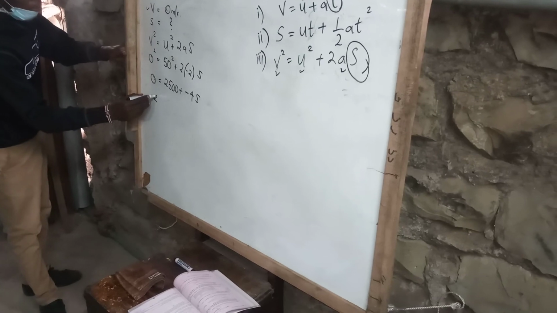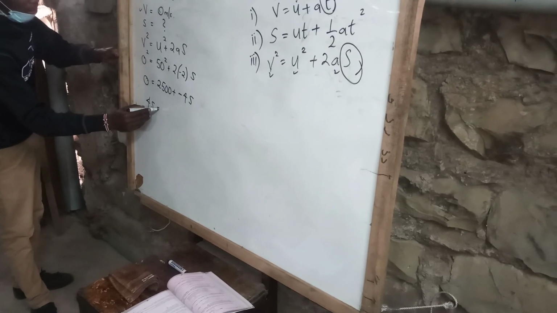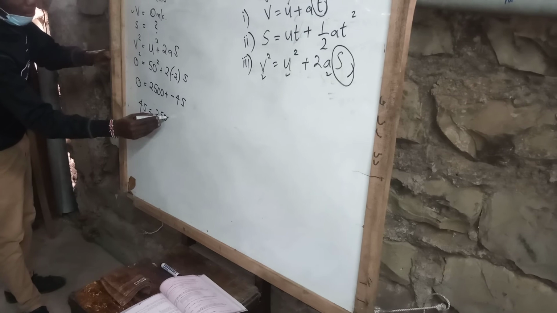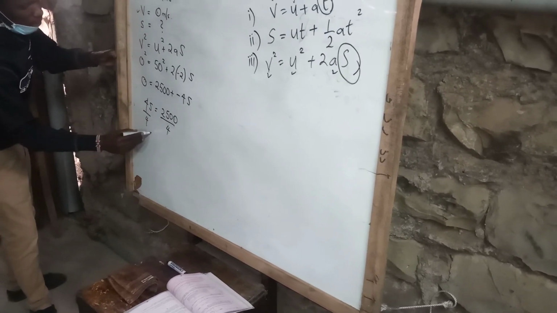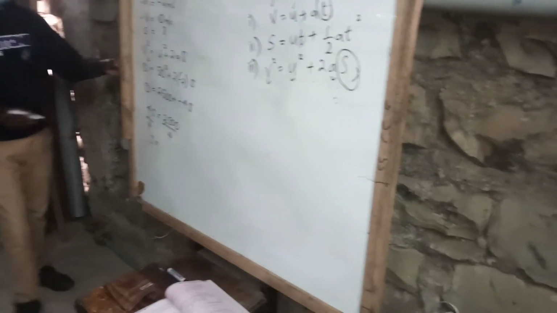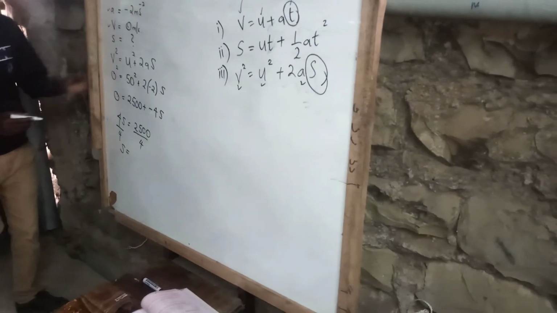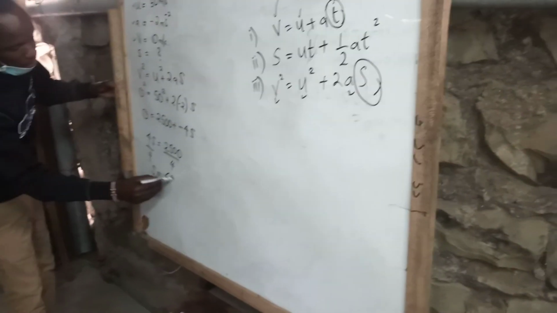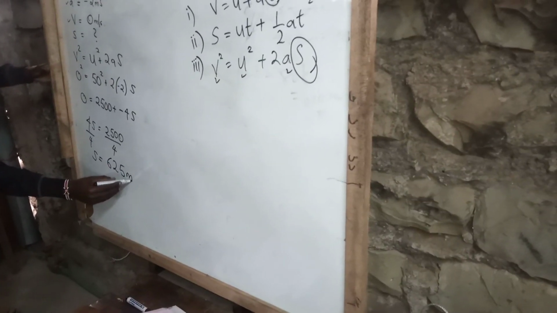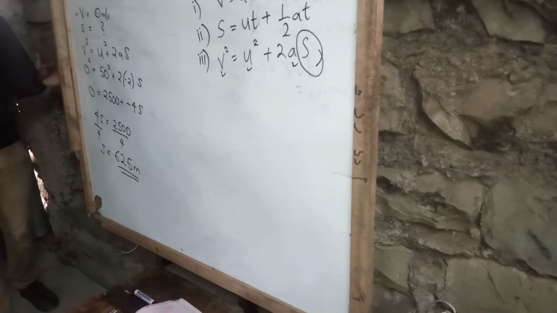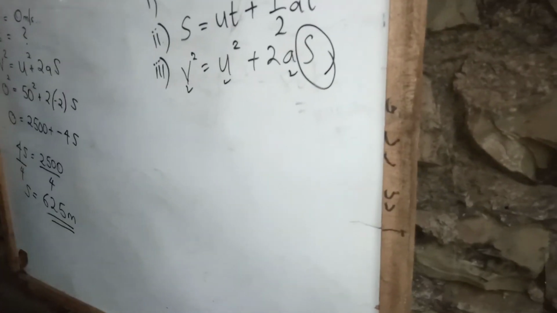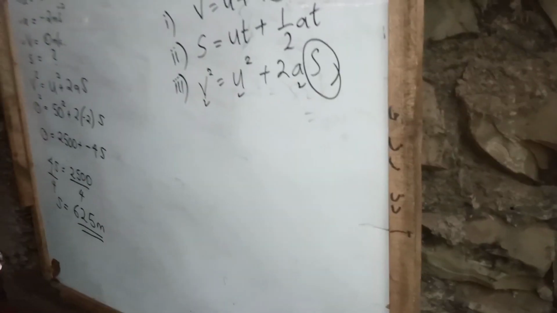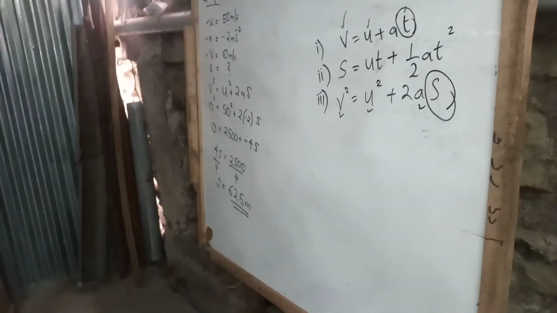So when you bring negative 4s on this other side, this is what you will obtain. Divide by 4 on both sides and you will have your s as what? 625 meters. So it means the object traveled a total distance of 625 meters during that period.